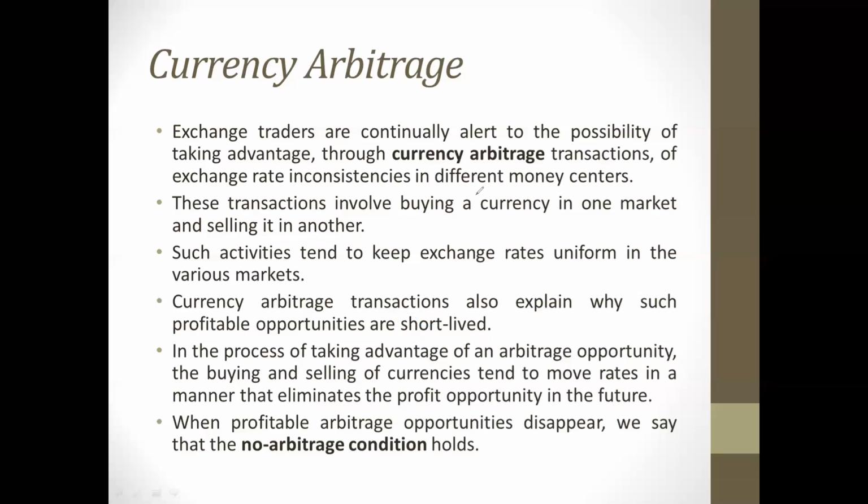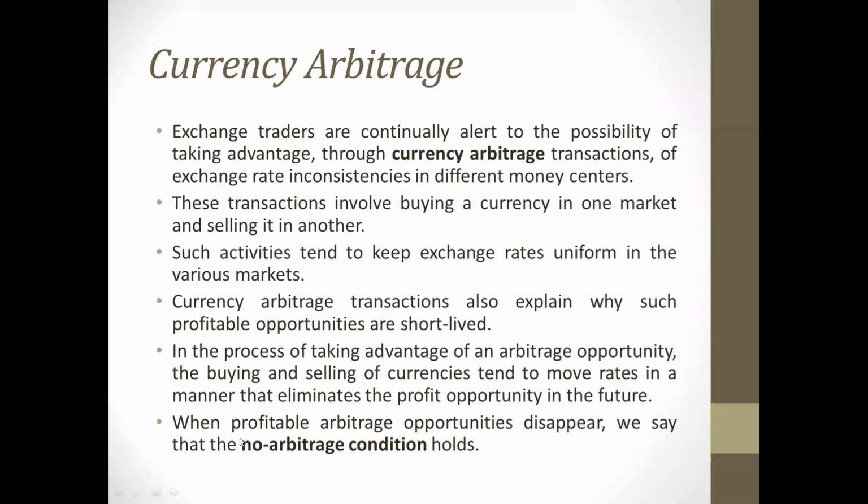Why? When you are buying foreign currencies in a low exchange rate market, ultimately that exchange rate is going to be high in that market. When you are selling currency in the high exchange rate market, ultimately that exchange rate is going to be low, where initially the exchange rate was high. So in the process of taking advantage of an arbitrage opportunity, the buying and selling of currencies tend to move rates in a manner that eliminates the profit opportunities in future.